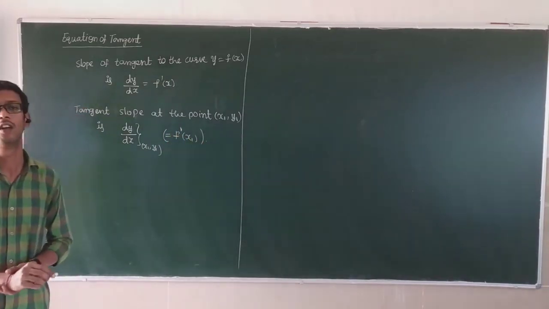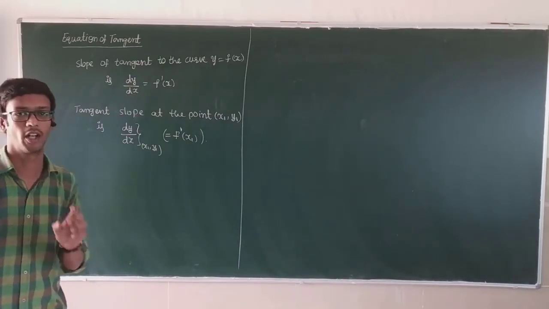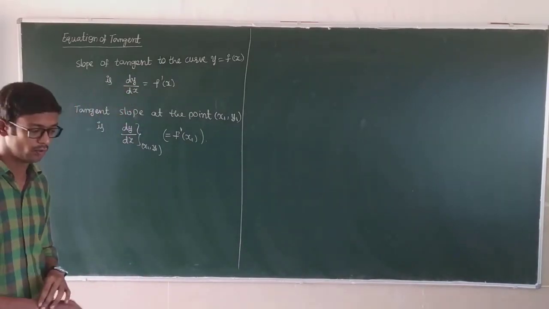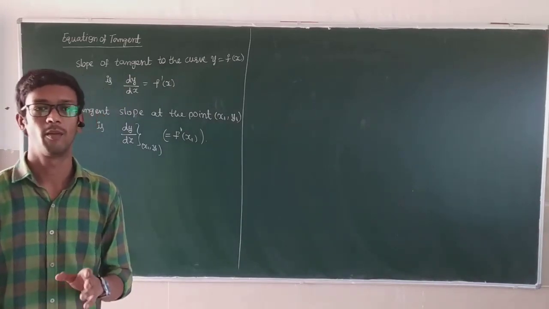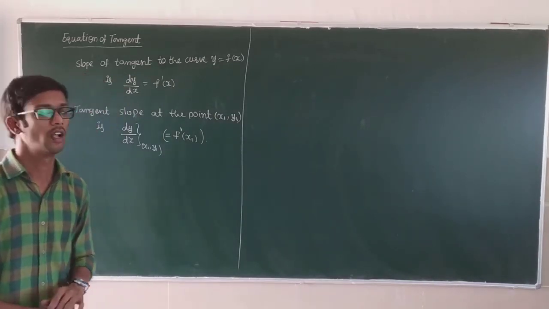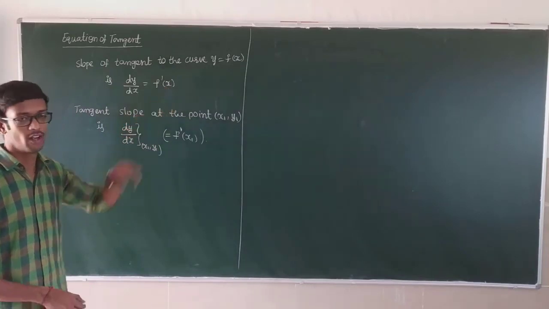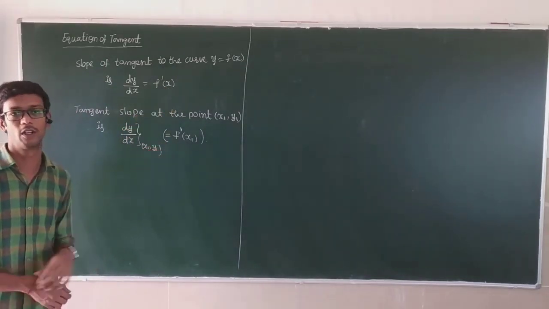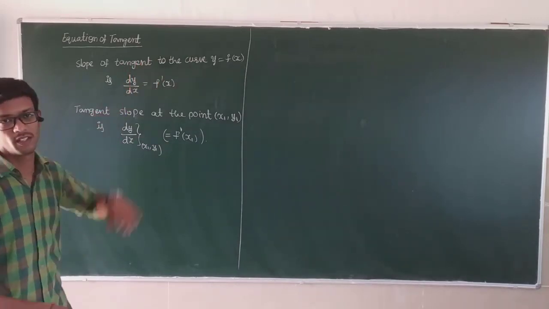At the particular point, you have to substitute the point. Dy by dx is nothing but the slope of the tangent, and otherwise f dash of x also. F dash of x1 at the particular point means this one you have to take. General equation means this one.